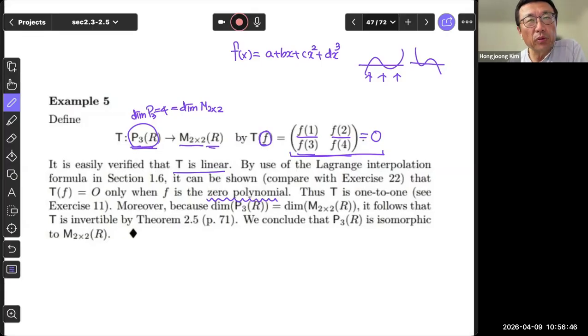So if you have 4 different solutions, then your function must be the zero function. So if I assume that the image of a certain polynomial is 0, then that implies that f is identically 0.